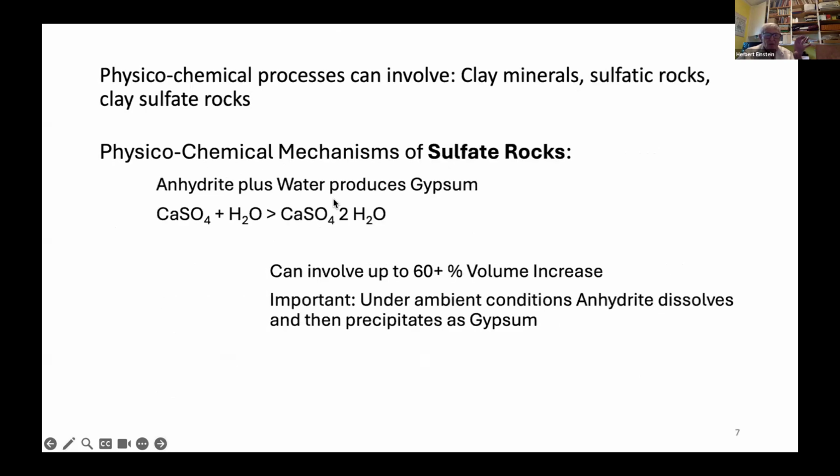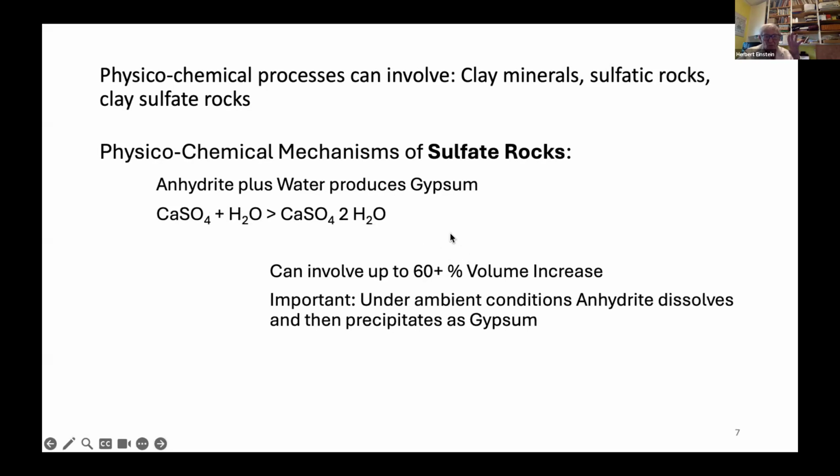Now we get into the process of sulfate. This is rather purely chemical. We have the anhydrite here, with water going into it and creating gypsum. If you have it finely divided, meaning sand or silt size, and we add water to anhydrite of that type, then we get up to 60% volume increase.